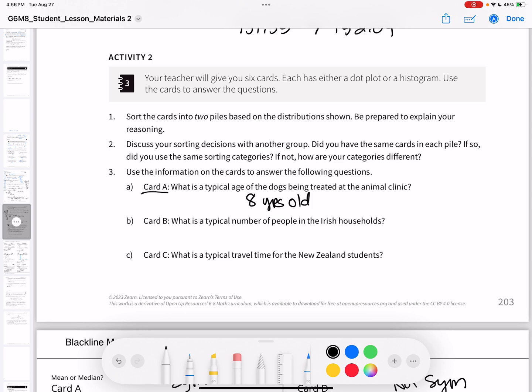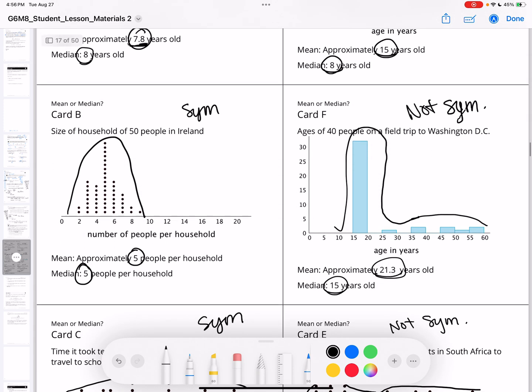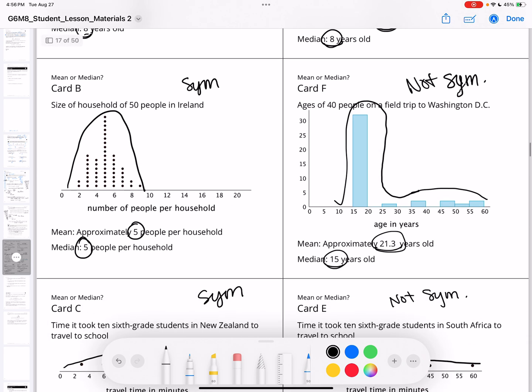What is the typical number of people in the Irish household? Card B. Do you notice a pattern here? Card A, it is symmetrical, and the mean and the median are really close together. Card B is symmetrical, and the mean and the median are exactly the same.